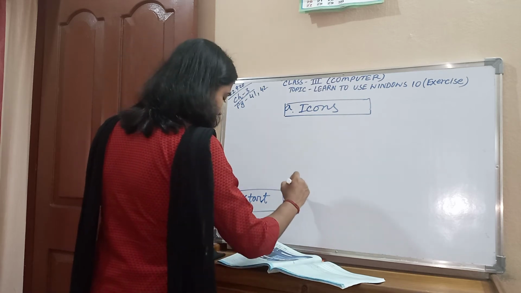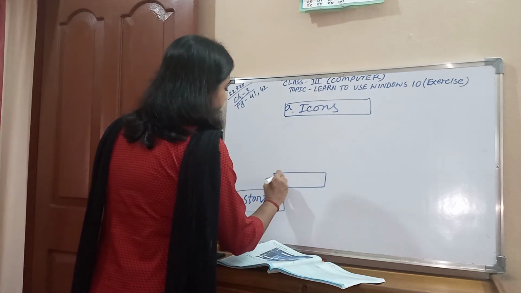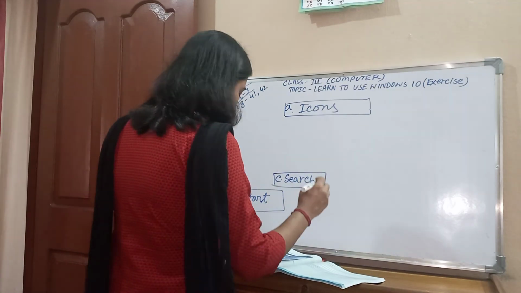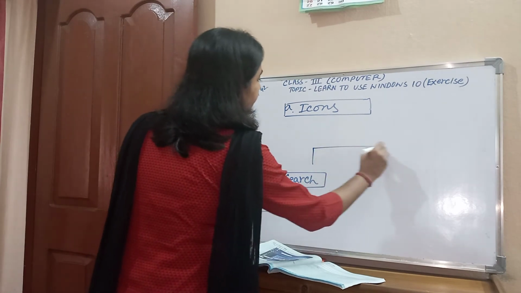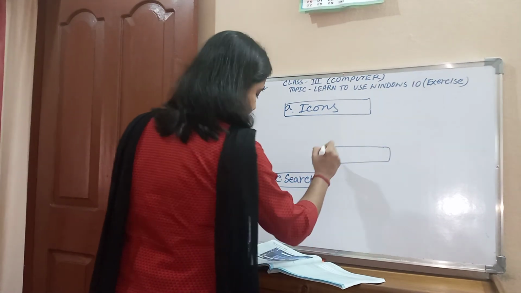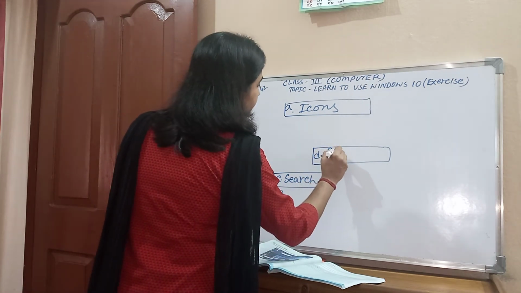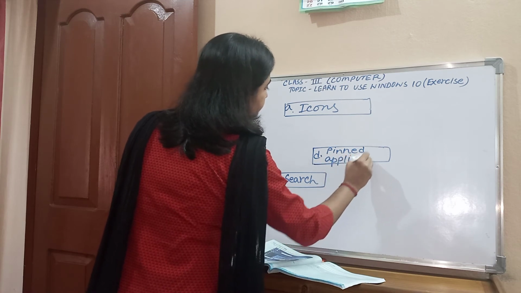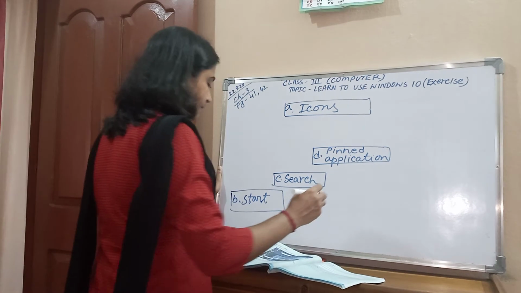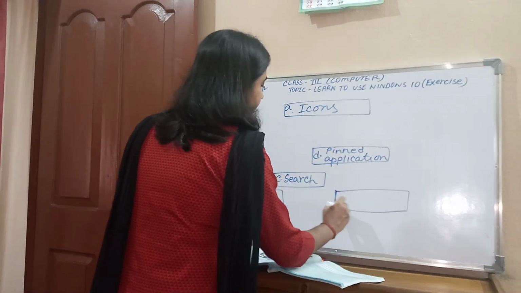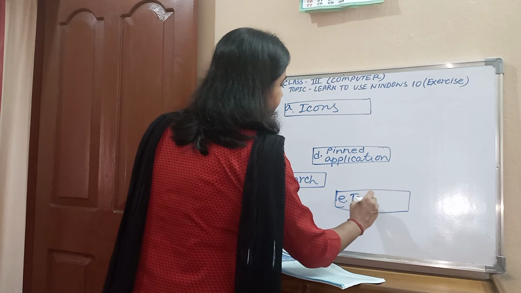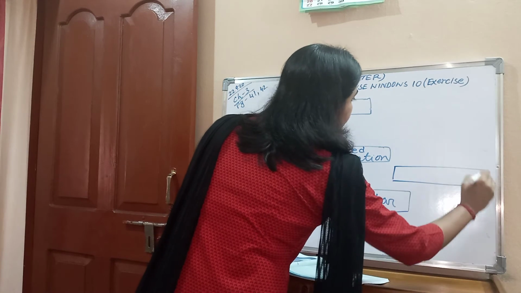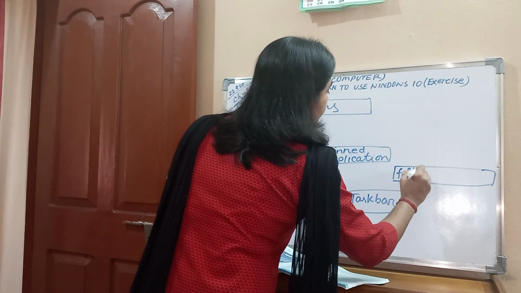Number C, search. Number D, pinned application. Number E, taskbar. And number F, notification area.